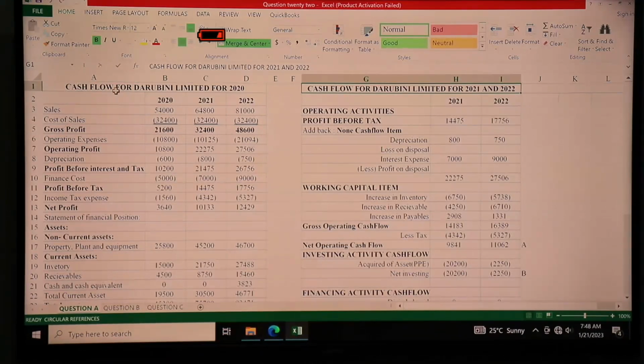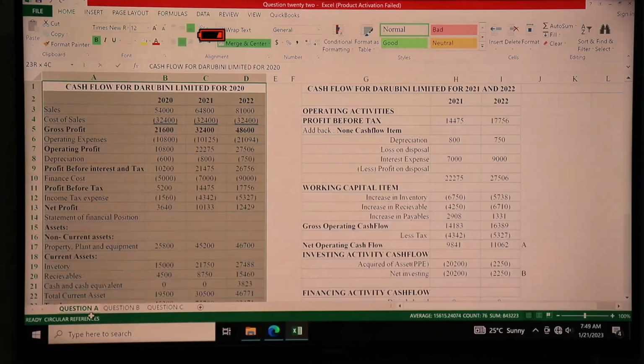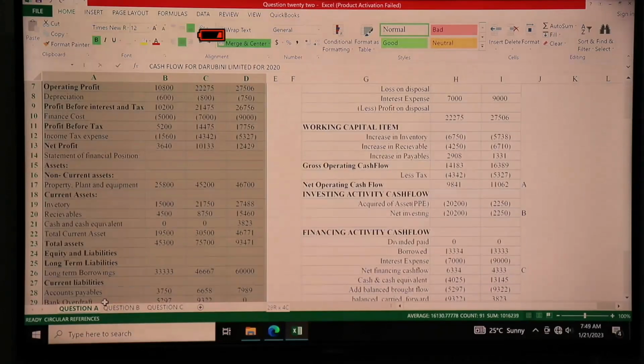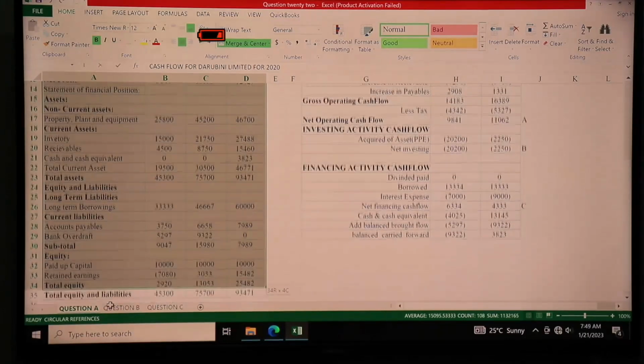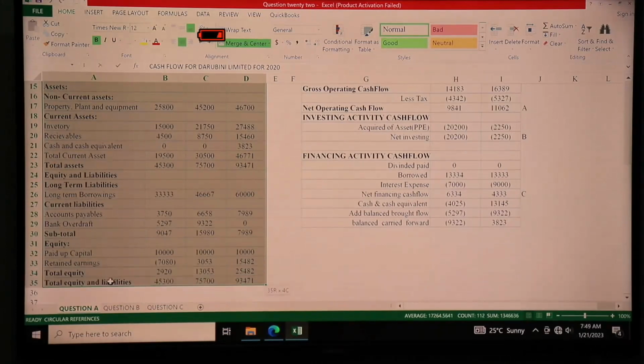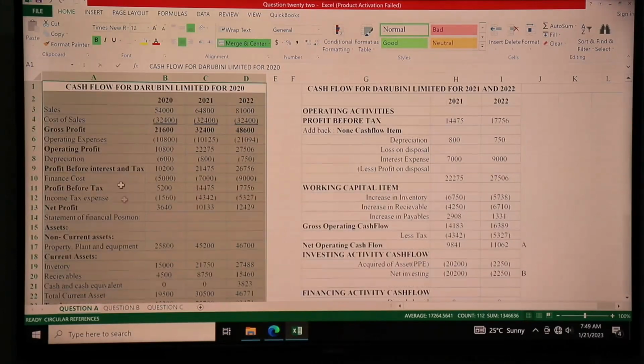And here you are given the cash flow for the company. This data is provided by the examiner. So what you do is download that data. You download that worksheet. This is a download from CASNEP, direct from the portal.